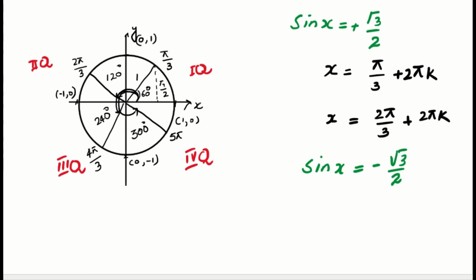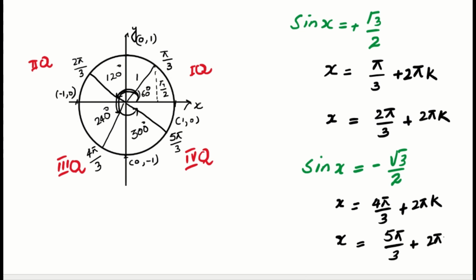So from here, the value of x is, below the plane, in the third and the fourth quadrant. So the value in the third quadrant is 4 pi over 3 plus 2 pi k, k is constant. And the second value of x, which is in the fourth quadrant, is 5 pi over 3 plus 2 pi k, k is constant.